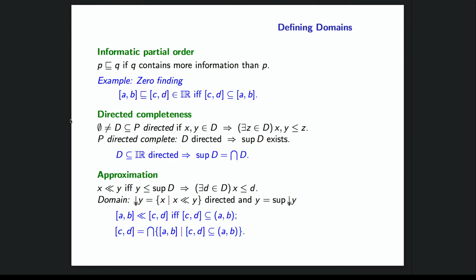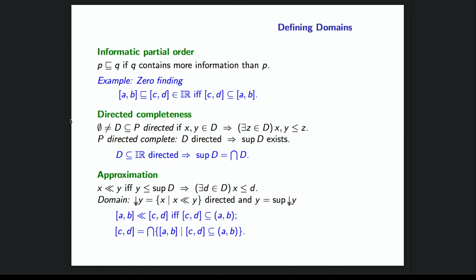And here, well, I skipped over this part, that for a directed family of intervals, so a filter basis as it's called, the sup is just the intersection. And here, this approximation is the idea: if an intersection of a filter basis of non-empty closed intervals gets inside an open set, then one of them is. And so that's how our approximation works. The interval AB approximates CD if CD is in the interior of the interval, because that's an open set.